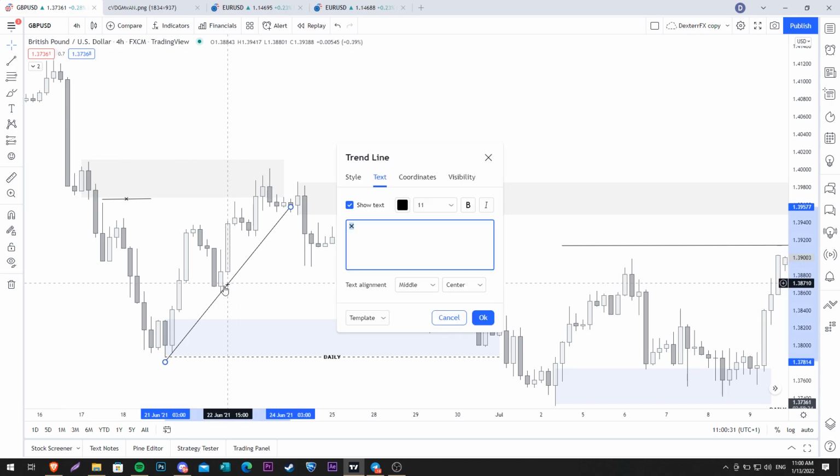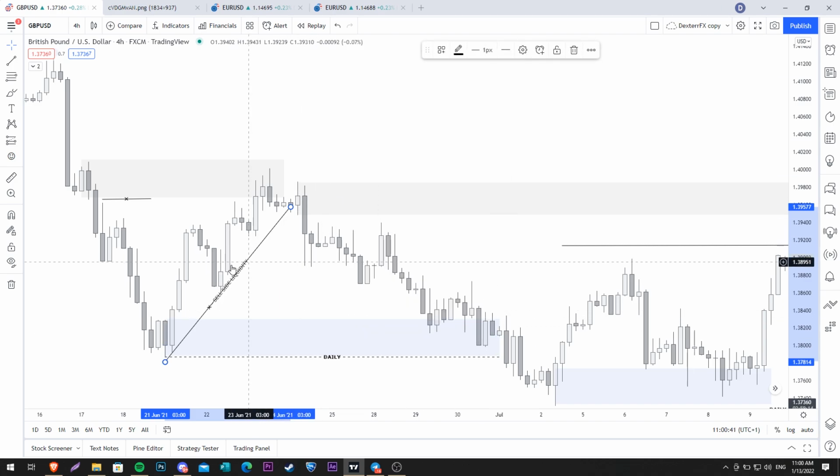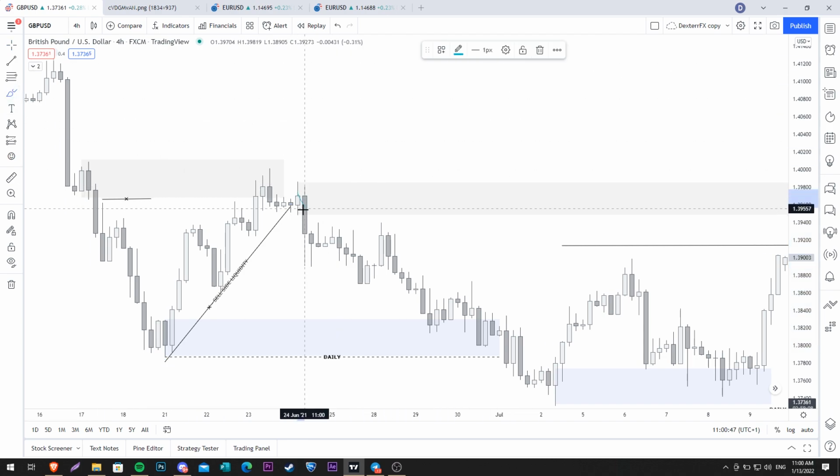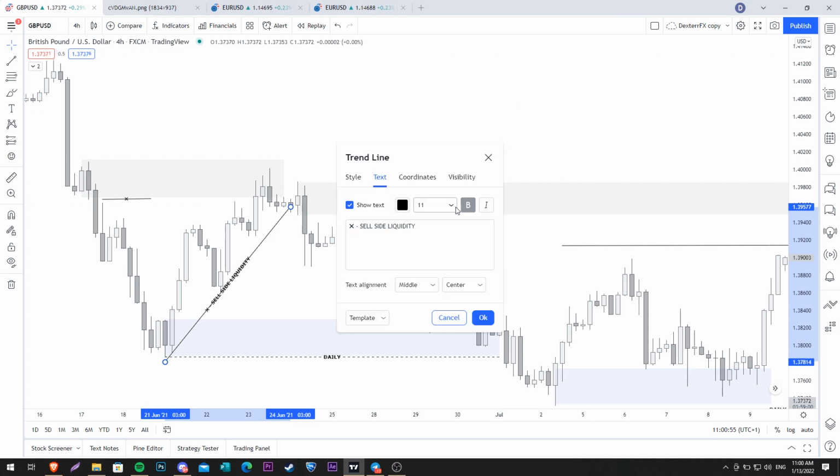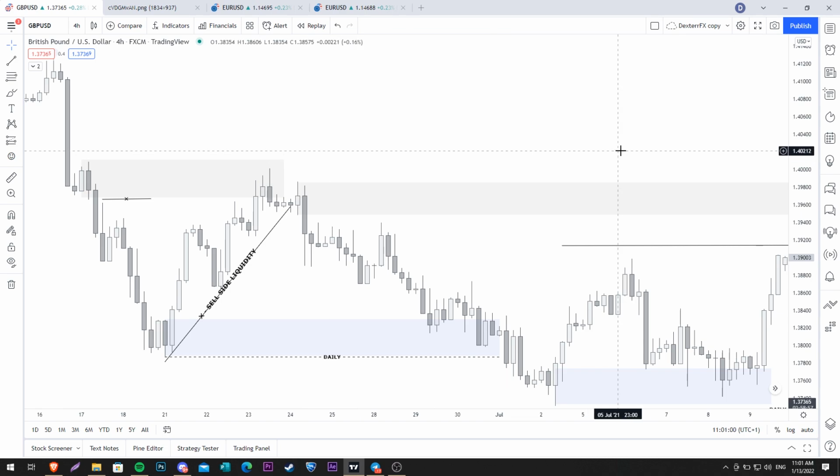I have a lot of liquidity, a trend line liquidity, which is sell side liquidity too, because when the price breaks this trend line of liquidity, it will induce people to sell and to continue the trend. I will just mark this a little bit higher, okay, like that. Okay, perfect.